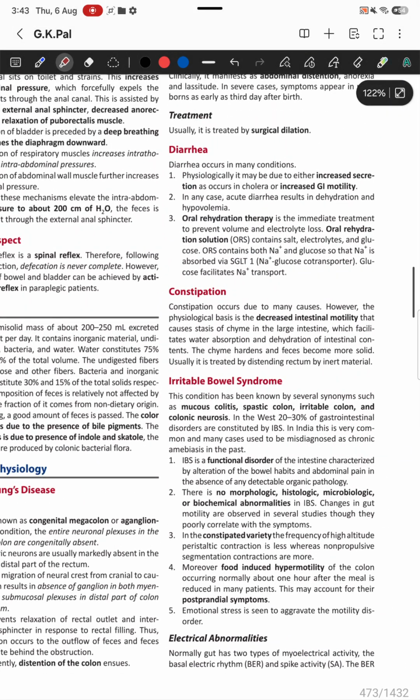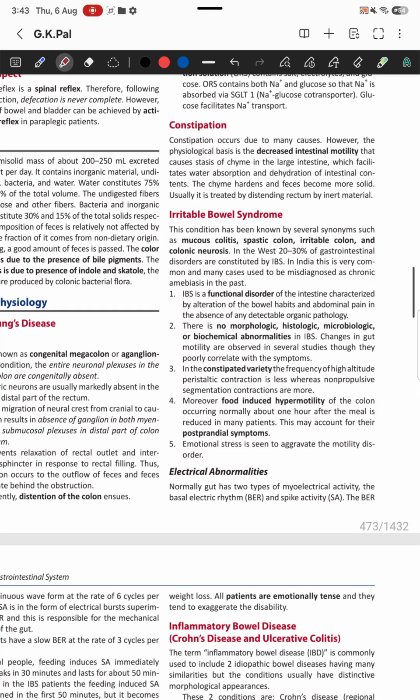Irritable bowel syndrome: a functional disorder of the intestine characterized by alteration of bowel habits. There is no organic pathology.